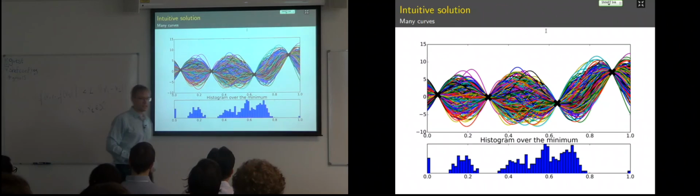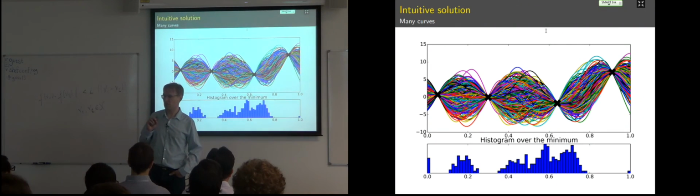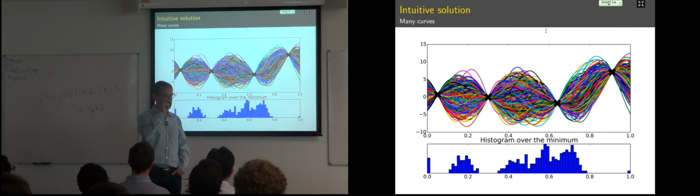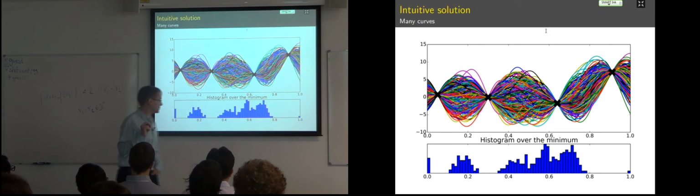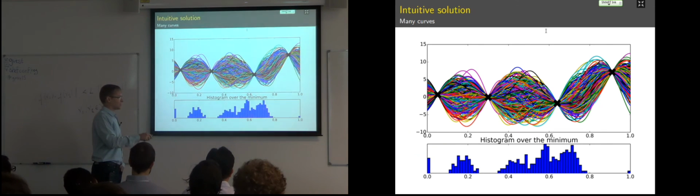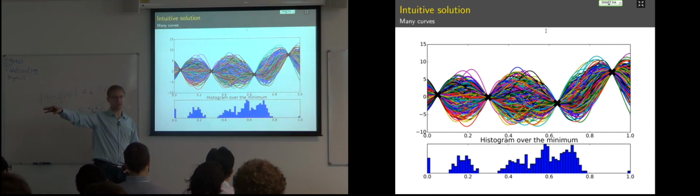So at the end, what is happening here? I'm asking every one of you, what do you think about the minimum? And what we are doing is basically building a histogram about the belief that you have about the function. Through the conceptual model that you have in your mind about the function, you are generating your belief as a group about where the minimum of the function is.